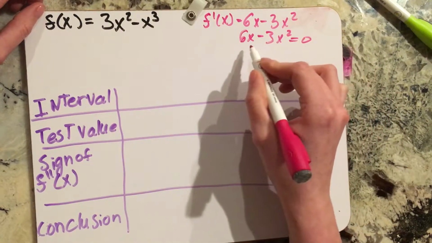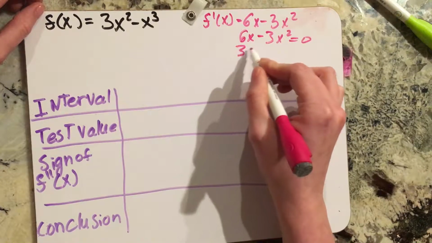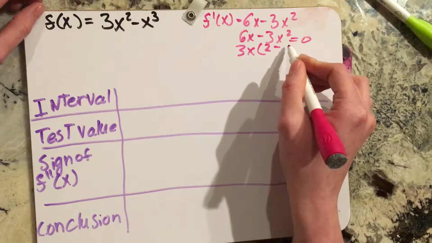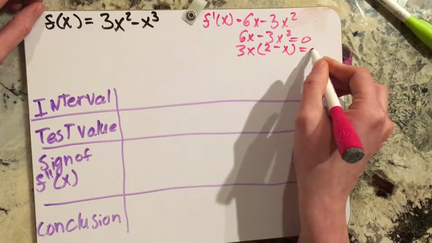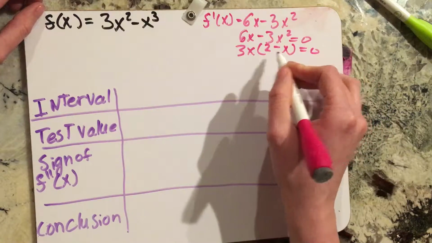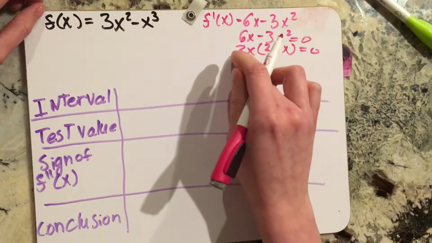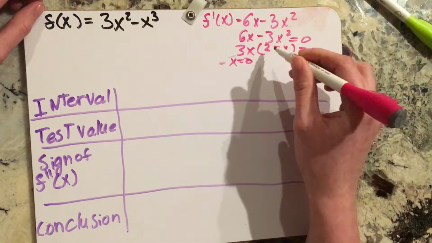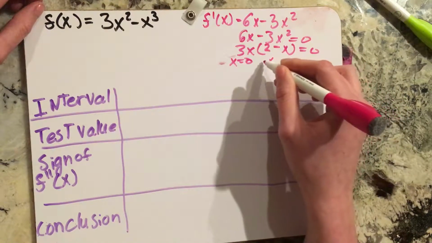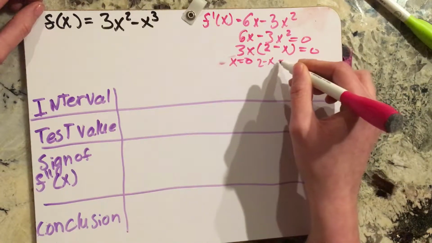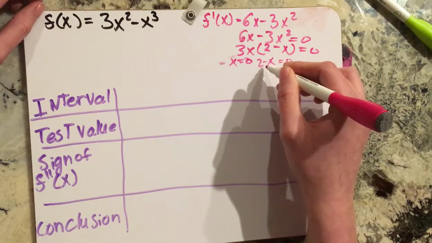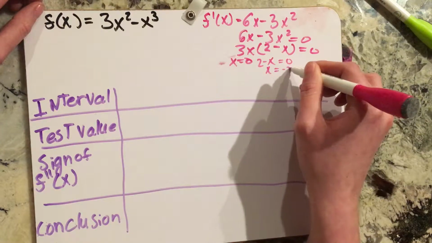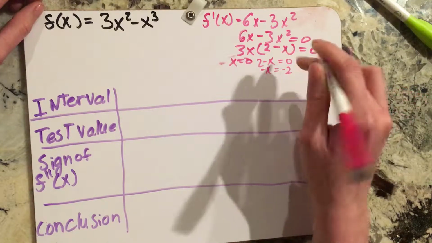Let's take out 3x. So now we have 3x times (2 minus x) equal to 0. So x is going to be equal to 0, and for 2 minus x equals 0, let's move this to the other side, so negative x equals negative 2.